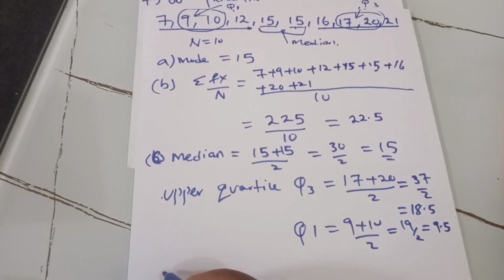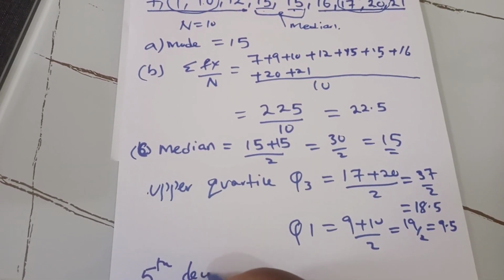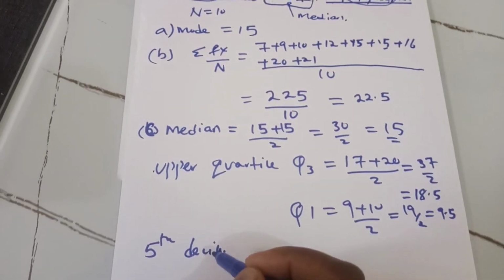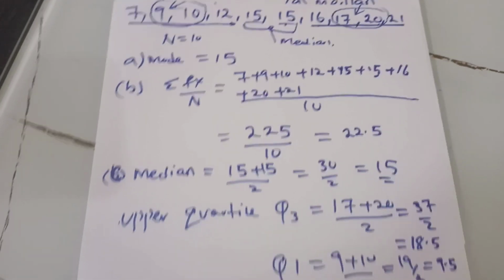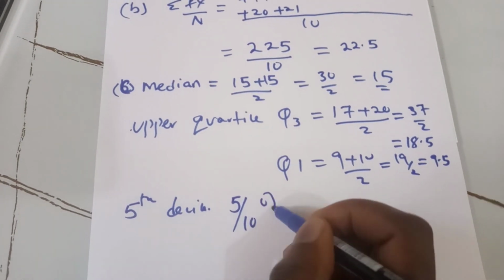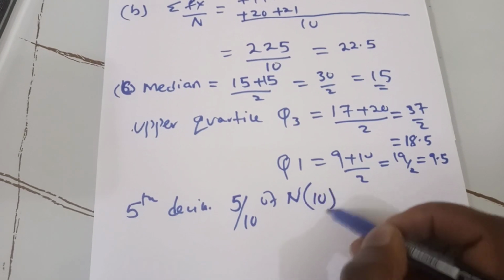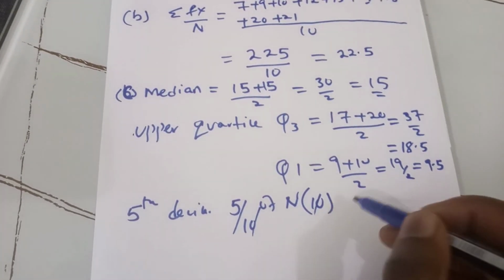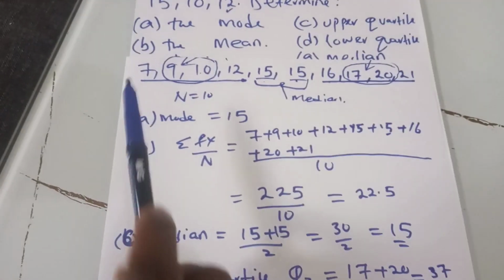So then the fifth decile. Fifth decile means out of 10. So we are going to talk about 5/10 of n of our entry data, which is 10. So 5/10 of n, and n happened to be 10. And then we are looking for the fifth value.